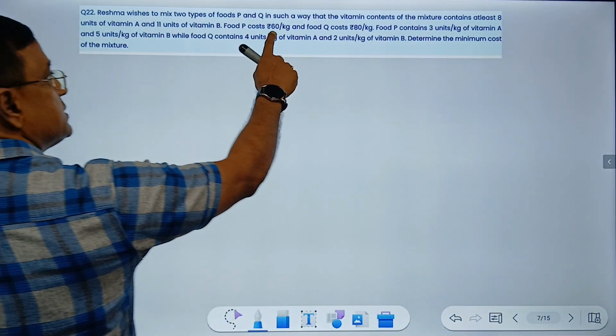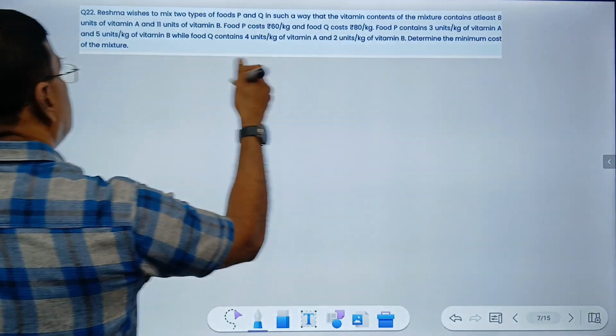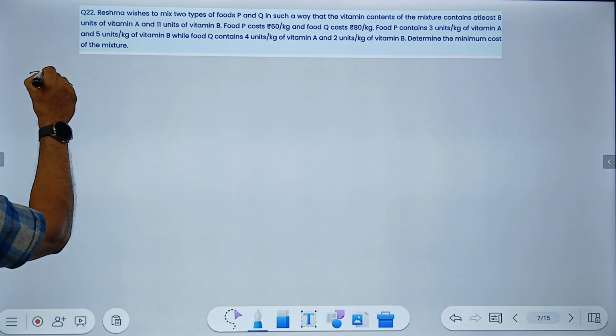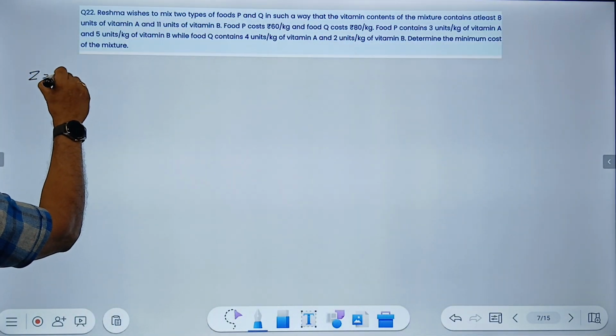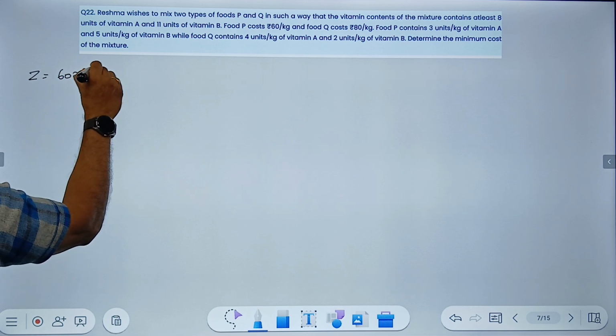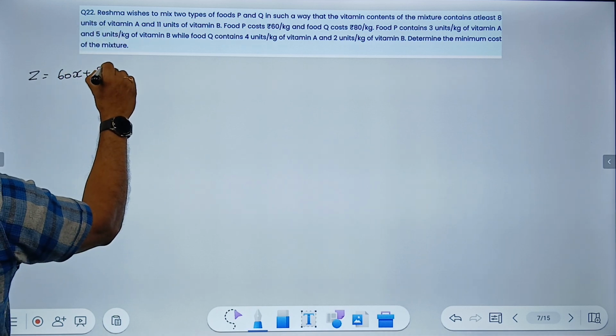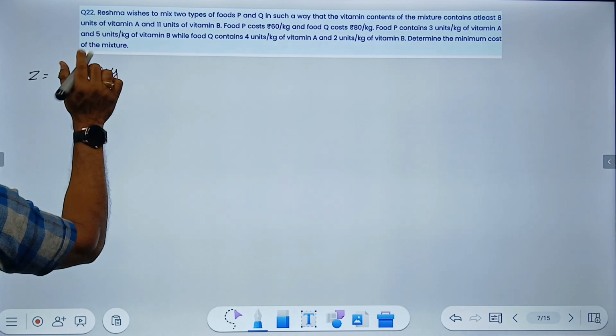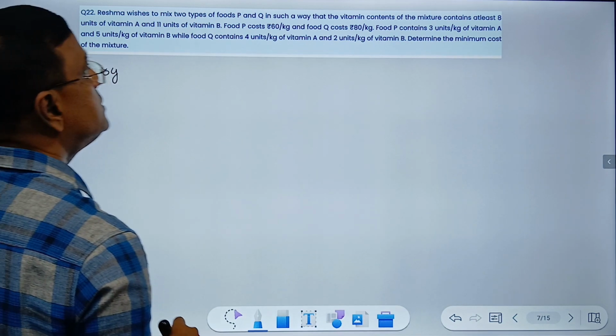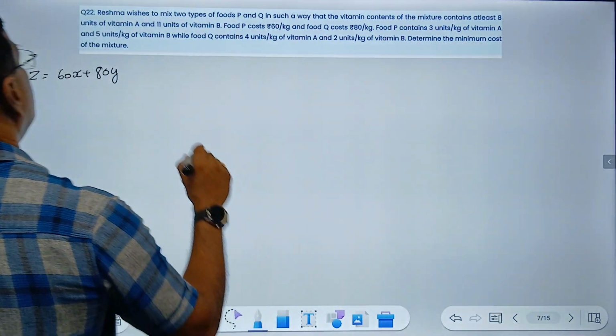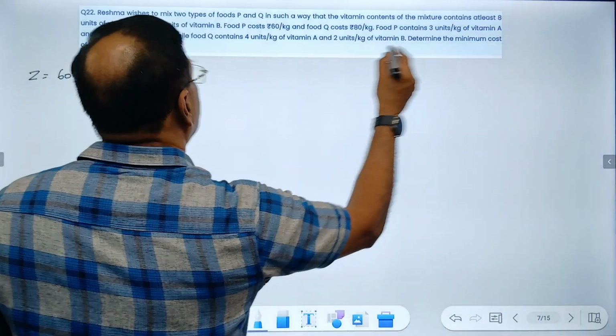The cost will be 60x plus 80y. If you want, I can write that for you. Z equal to 60x plus 80y subject to what? At least 8, right?